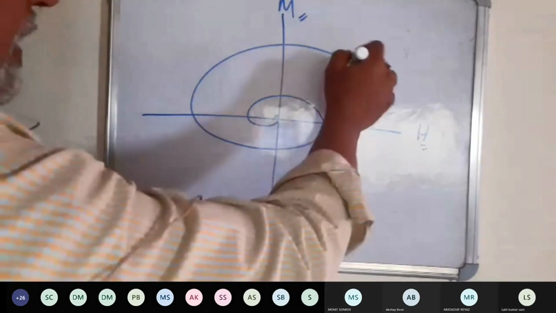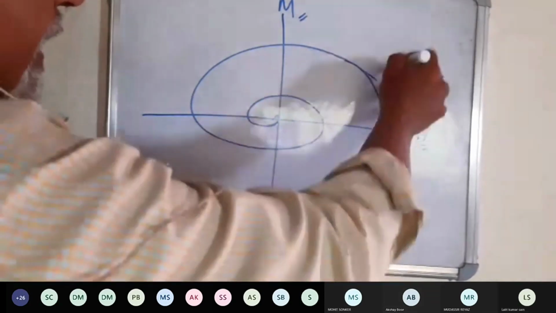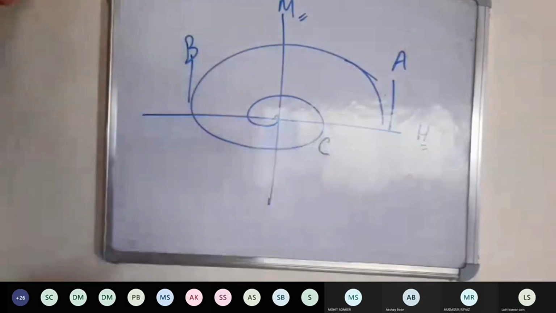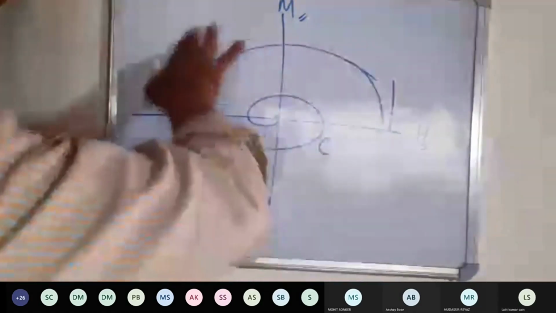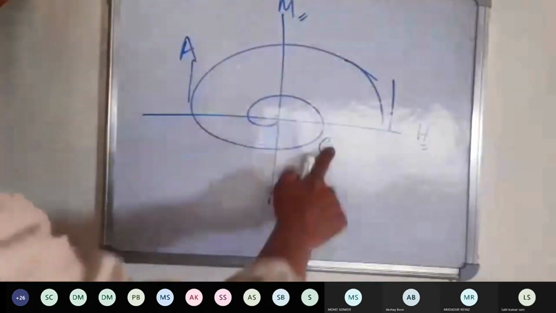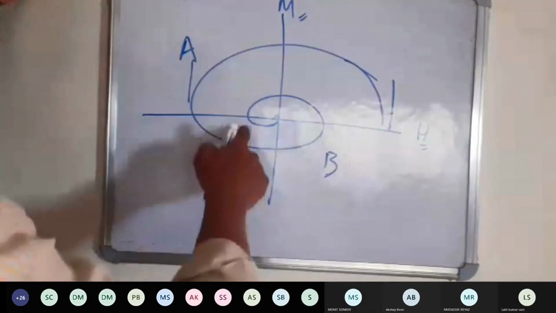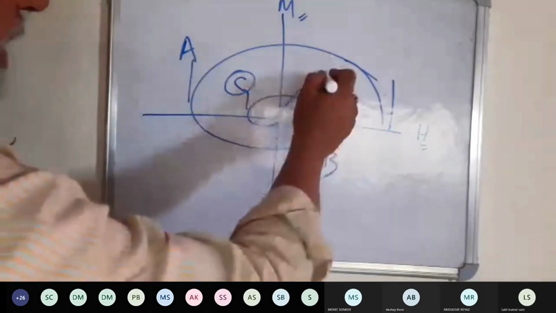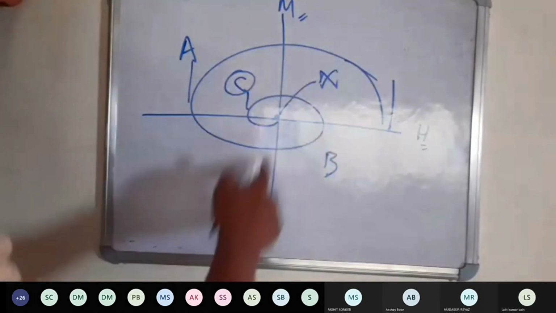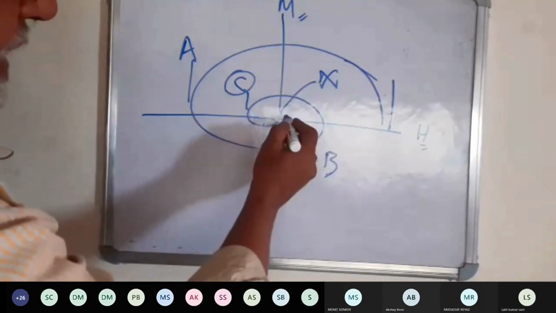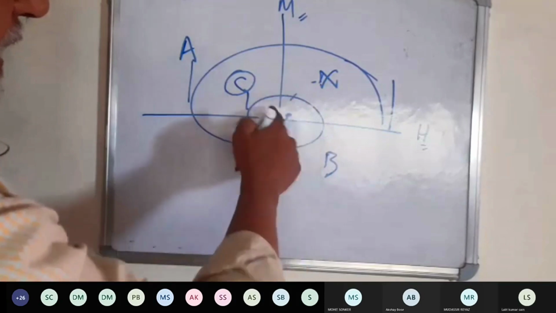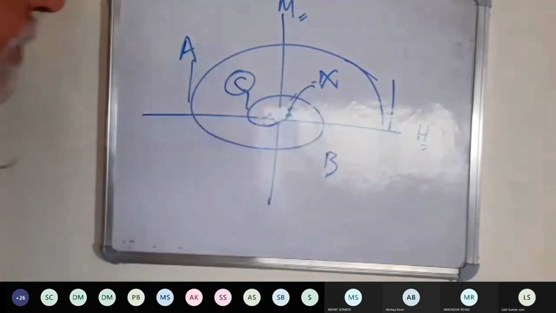So we have got, let us say, A, B, C, and at X point it is settling down. Settling may be a little bit here, maybe here, wherever it is. Let us say it is settling down at X.